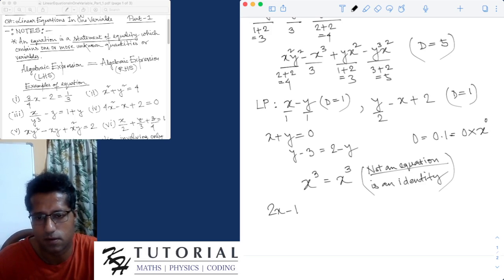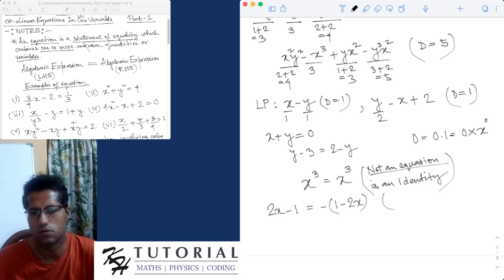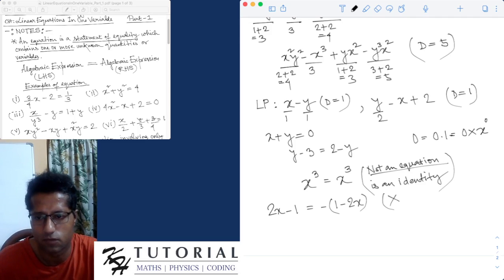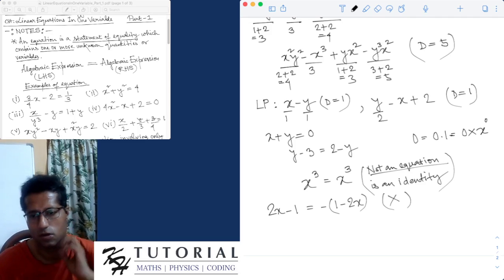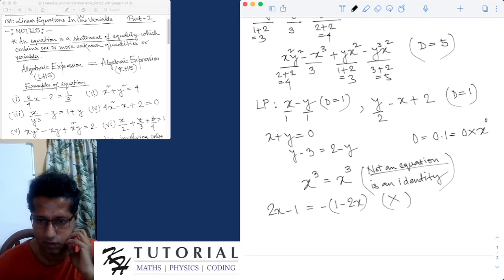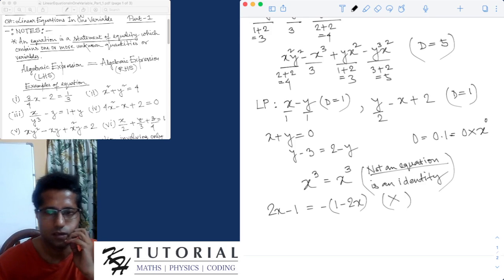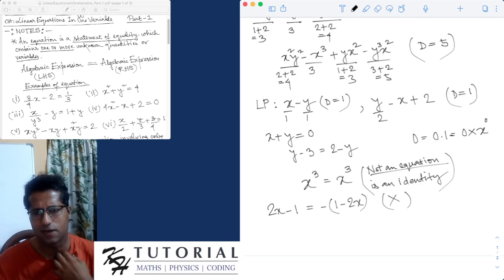Similarly, 2x minus 1 equals 1 minus 2x is also not an equation. This is an identity, because if you simplify, both the LHS and RHS are the same algebraic expression. So what exactly is the difference between an equation and an identity?